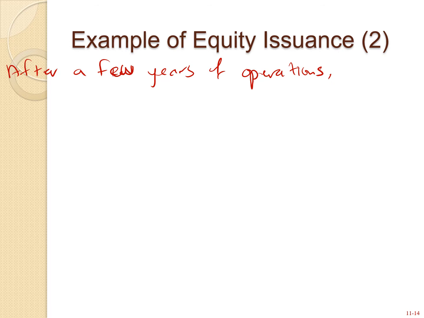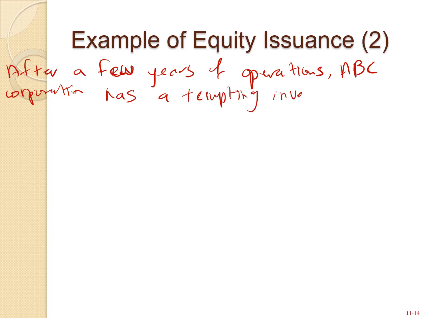And maybe this company, ABC company or corporation, has a tempting investment opportunity. So they have the opportunity to invest in another company or in another project that looks tempting. The return is expected to be high. When you have this opportunity, you need to fund it.